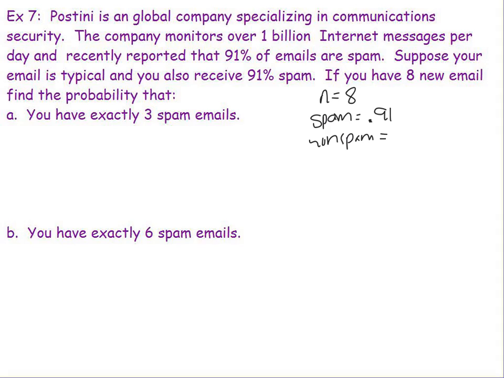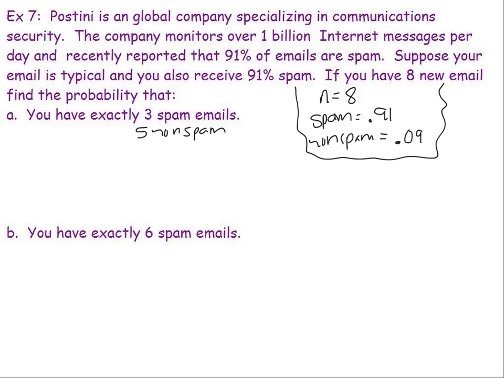Well, 100% minus 91% is 9%, or 0.09. So there's all of our important info that we're going to use to plug into our formula. Now we want to look at the probability that you have exactly 3 spam. So if we have 3 spam and we have a total of 8 emails, that means that 5 of them are non-spam.